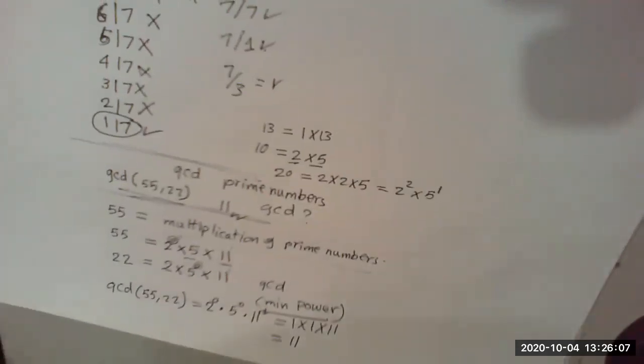This way I can use the prime numbers to calculate the greatest common divisor. I told you about the Euclidean algorithm. This is one, and the second one is to use prime numbers here. There are also some theories like Fermat's theory.